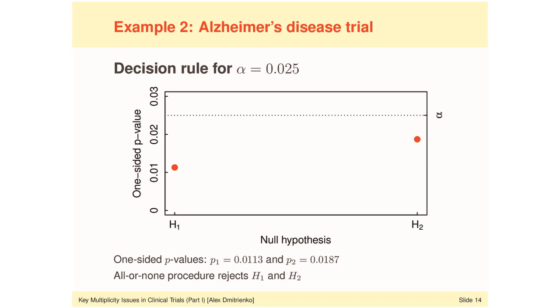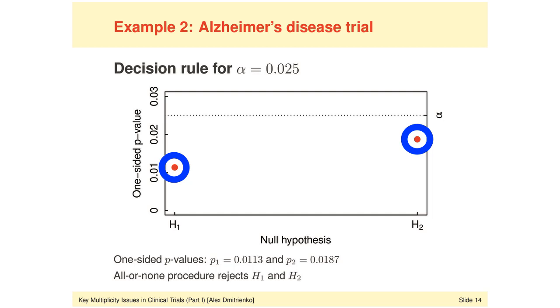Let us assume that the Alzheimer's disease trial is complete. We have computed one-sided p-values for the two endpoints, and they're given, as you can see on the slide, by 0.0113, this is p1, for the cognition endpoint, and the p-value for the global clinical assessment endpoint is p2, which is equal to 0.0187. The p-values are plotted on the slide. They are represented by the orange dots.